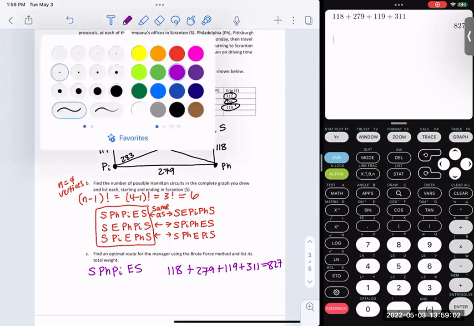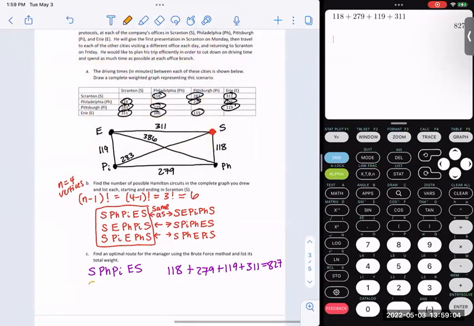So then let's try the next one. This next one is Scranton, Erie, Philadelphia, Pittsburgh, Scranton. So Scranton to Erie is 311. Then to Philadelphia, which is 386. Then to Pittsburgh, which is 279. And then back to Scranton, which is 283.